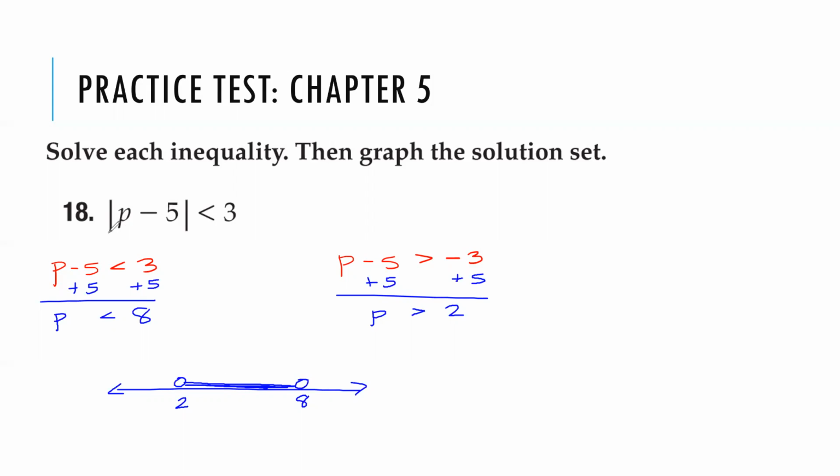So the only way this inequality is true is if the value is greater than 2, not equal to 2, but less than 8, okay? And you would write that as 2 is less than p, which is less than 8, okay?